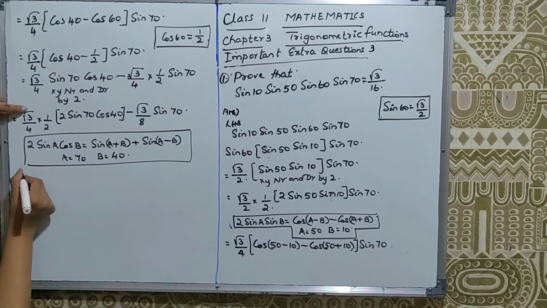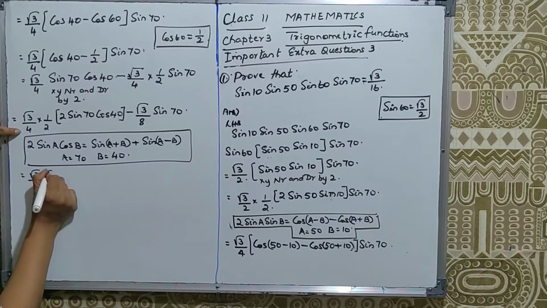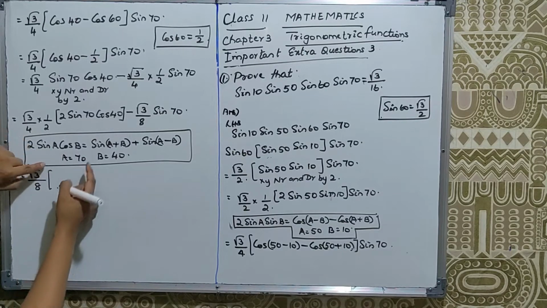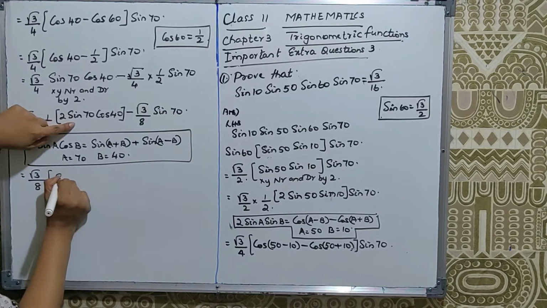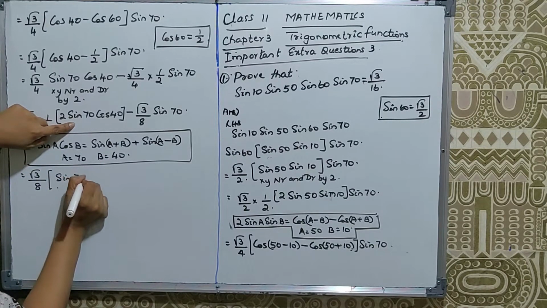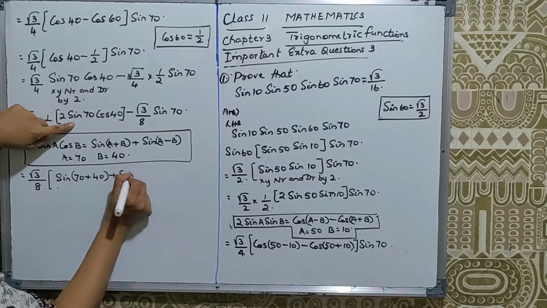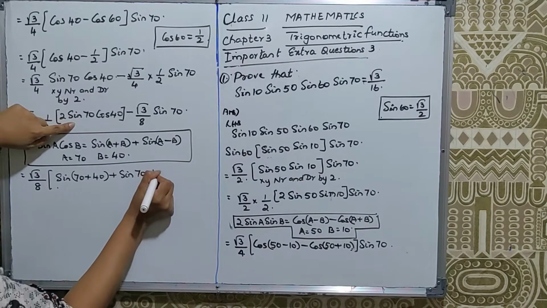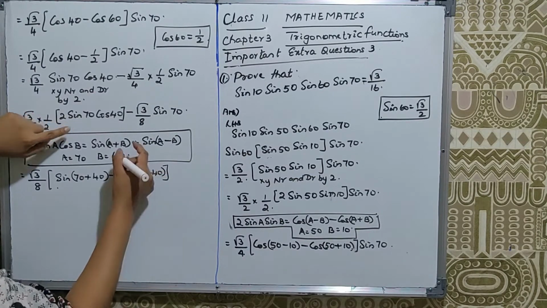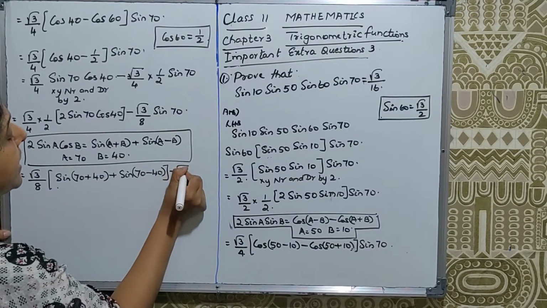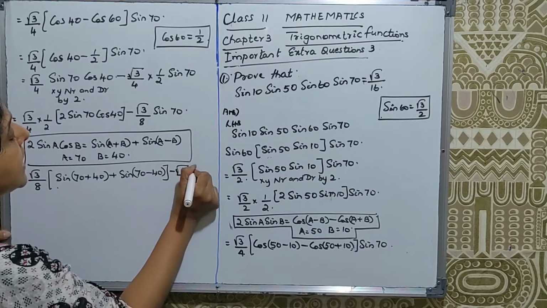Now root 3 into 1 is root 3, by 4 into 2 is 8, into sin 70 plus 40 plus sin 70 minus 40, again minus root 3 by 8 into sin 70.